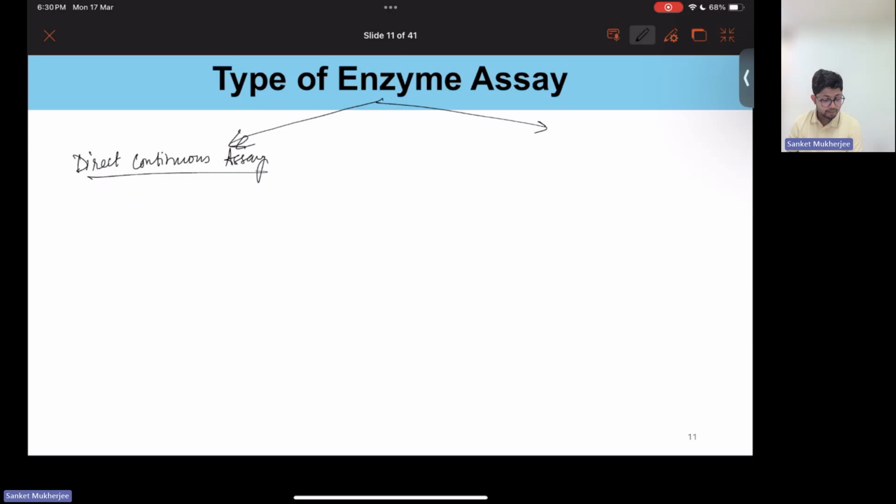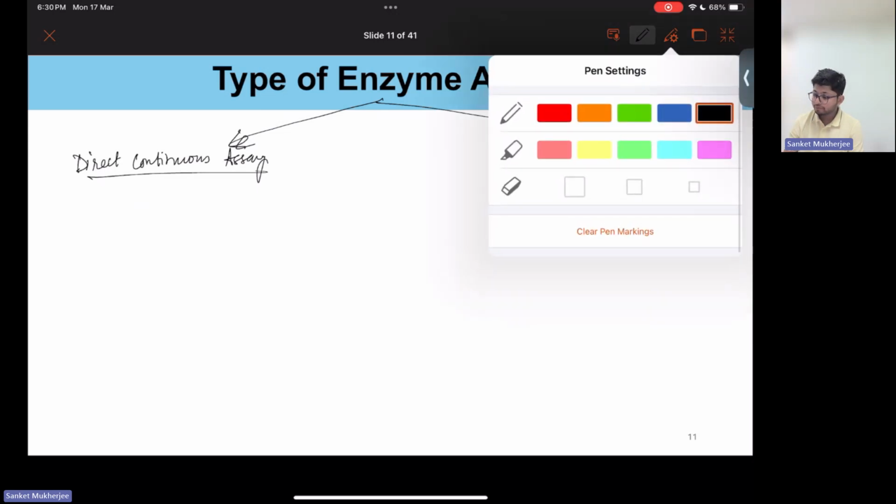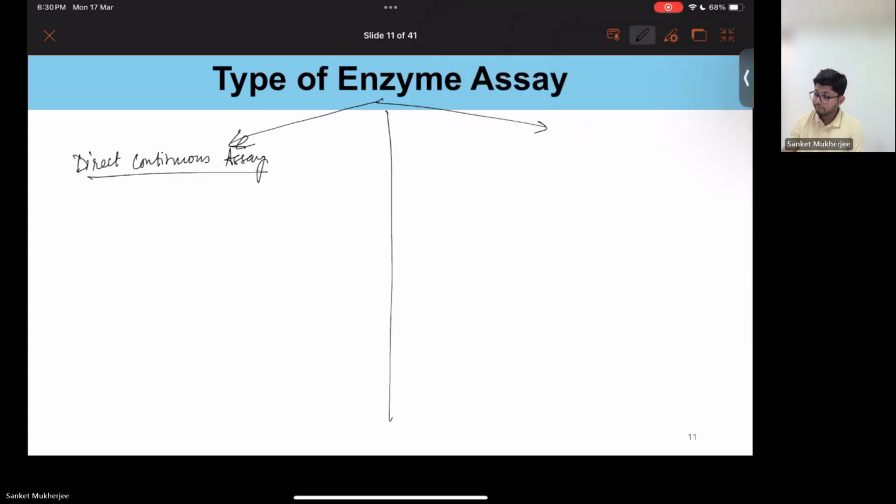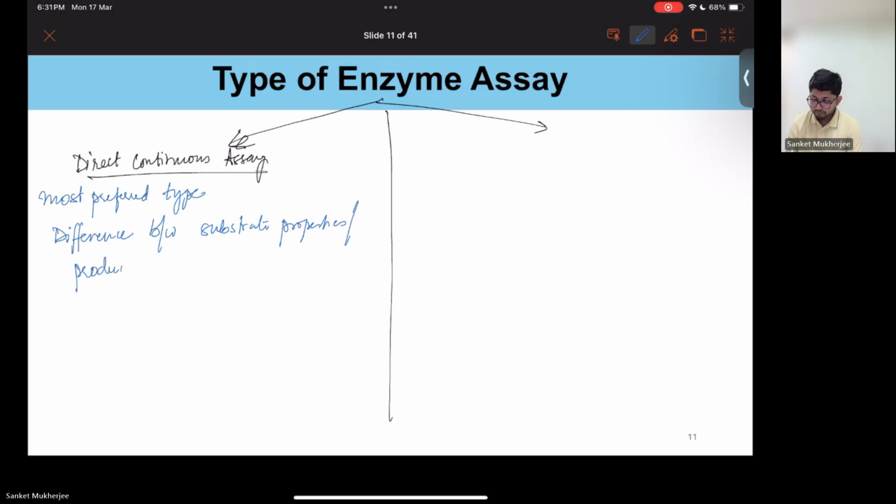In direct continuous assay, which is the most preferred type, the difference between the substrate properties or the product, whatever, can be directly measured.